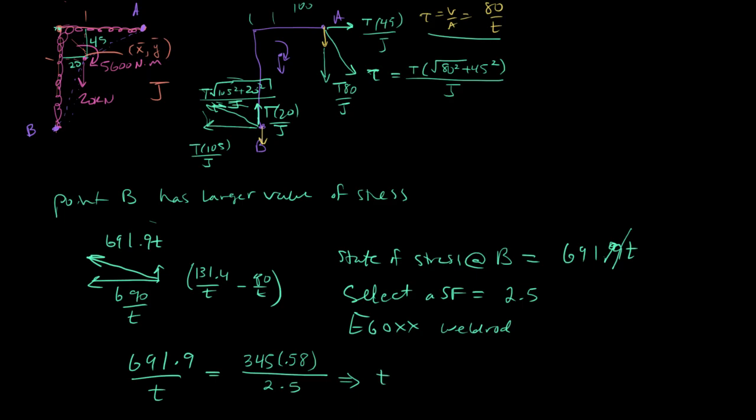So this tells us that we have to have a throat of about 8.65 millimeters, and that's equal to 0.707 times H. So then that tells us what the leg of the weld has to be, and that H has to be 12.23 millimeters.